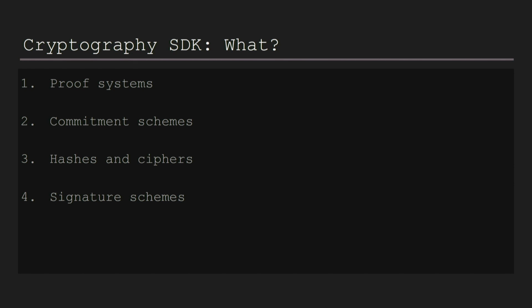So you can, for example, take some commitment scheme from the SDK, write your own bridge, write your own proof system using this commitment scheme, because you obviously will reuse one of the existing commitment schemes. And it will be pretty well optimized for the circuit backend, because you will just reuse the building block components from other circuits.